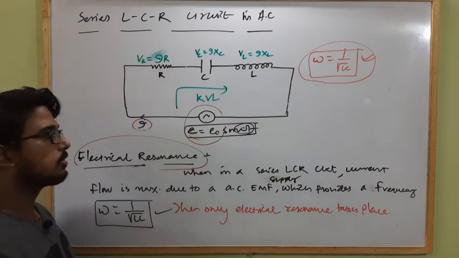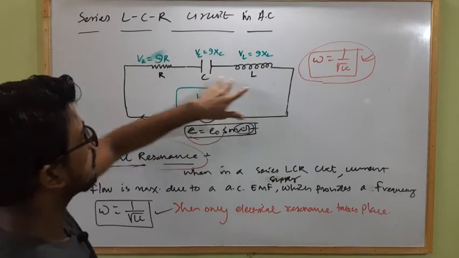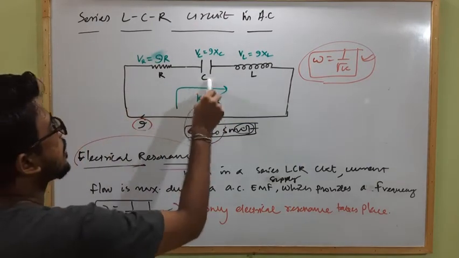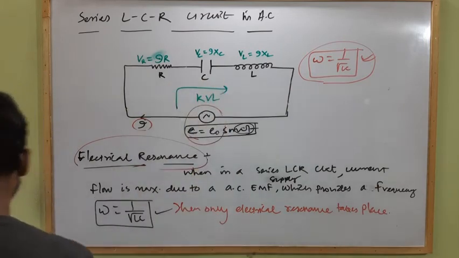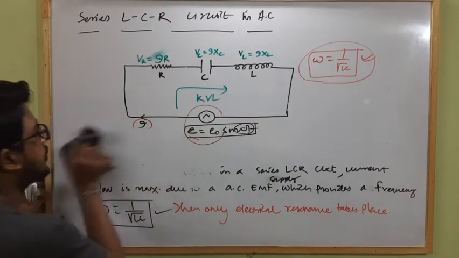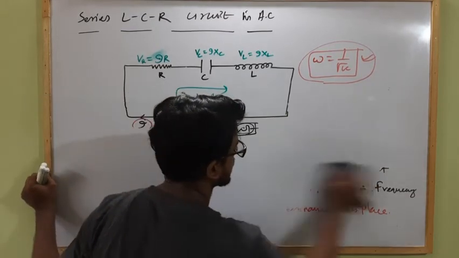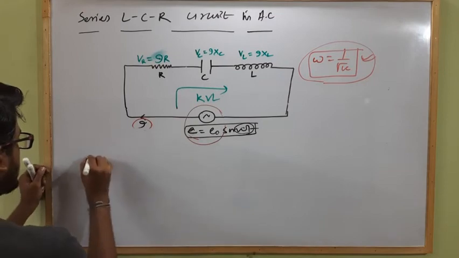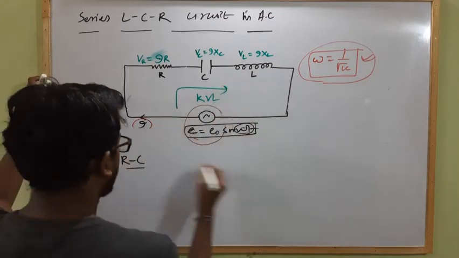We already discussed. So now let us discuss, if in place of LCR circuit, or R, C and L, if two combinations are present like RC or RL, what will happen? So from this we can easily calculate for the RC circuit, there will be no L. So what is Z?